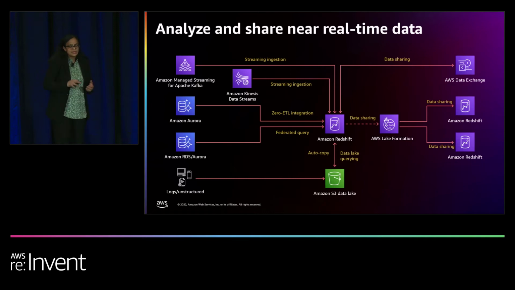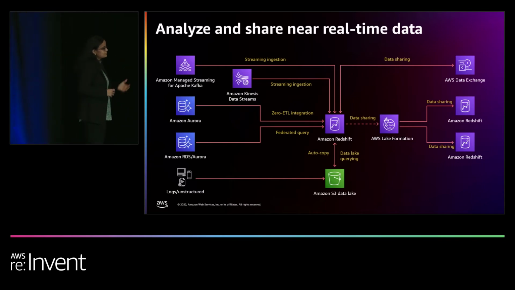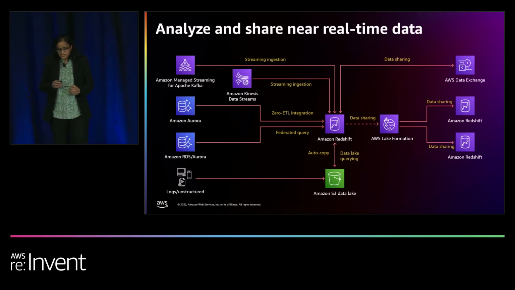So you combine all this data, and you make it available to other data warehouses via Redshift data sharing capability. You can even offer this data as a service to your customers, your partners, and your business ecosystem. So this is the kind of real-time data flows we believe are critical for an organization's agility and innovation.